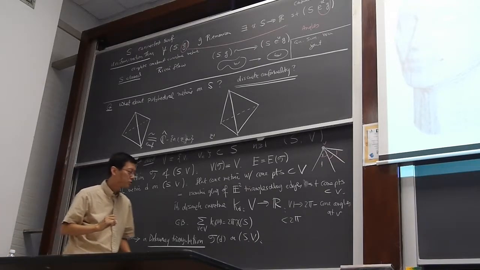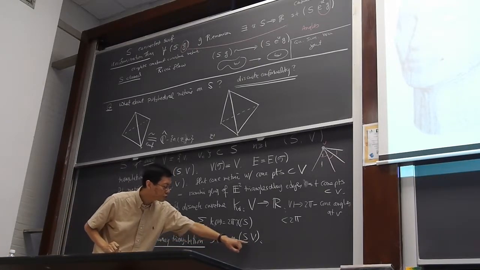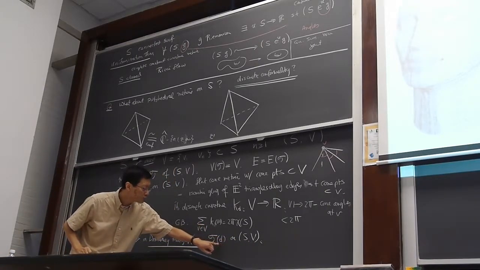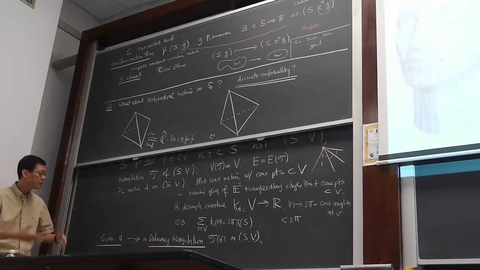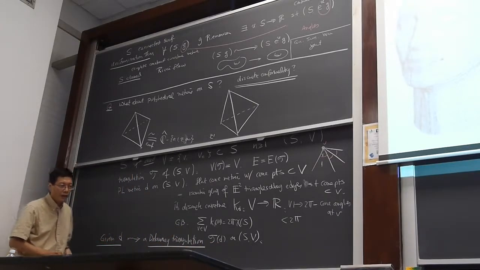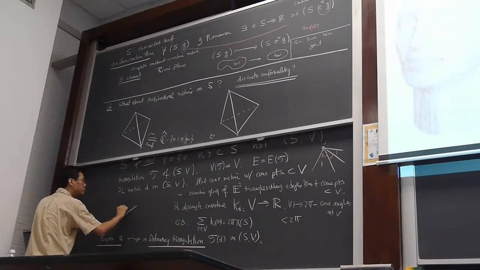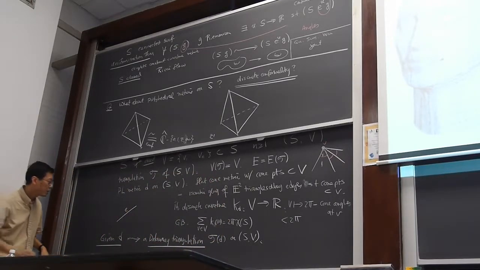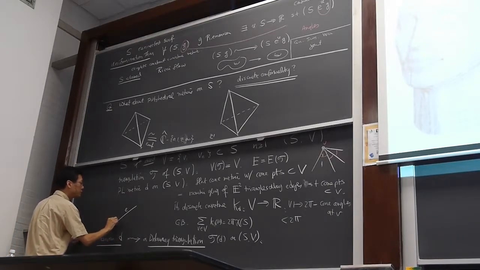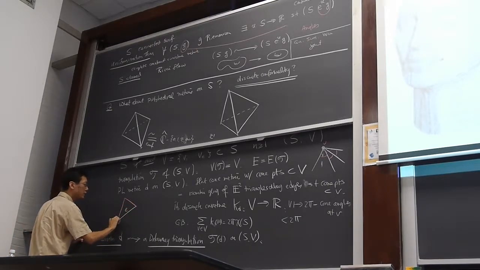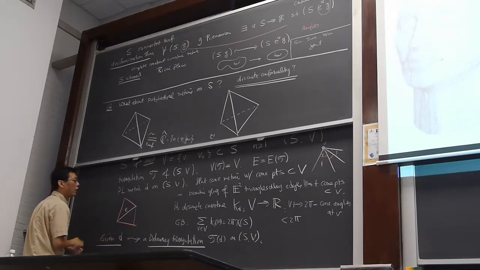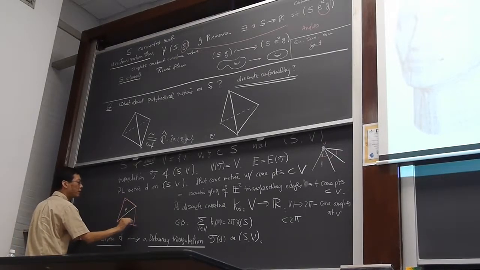So what is a Delaunay triangulation? It's a geometric triangulation, so every edge and every triangle is Euclidean in this metric, and it satisfies the property that if you see an edge in this triangulation, adjacent to 2 triangles, then you look at the sum of the 2 angles facing it.